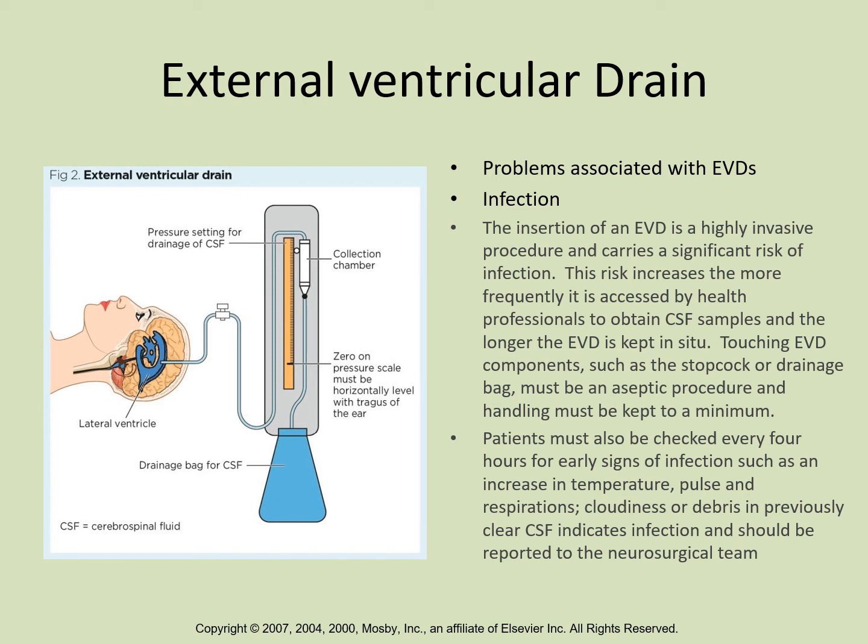Okay, but it is connected to a pressure transducer, so it does give us a continuous reading of intracranial pressure. Typically, that ventriculostomy is placed at the bedside, and the burr hole is drilled at the bedside as well, so that we can introduce that catheter through the brain into the ventricle.